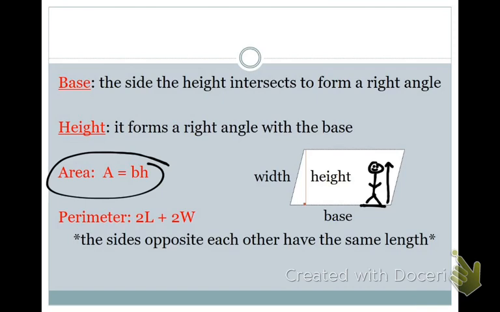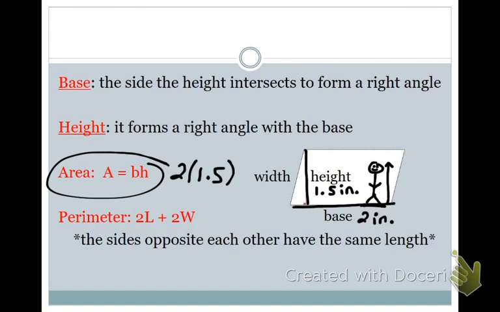All right, so let's just say that the base right here, that we know the base is, let's say, 2 inches. Okay, and the height is 1.5 inches. So now we know that we would take the base, which is 2, and multiply it times 1.5.